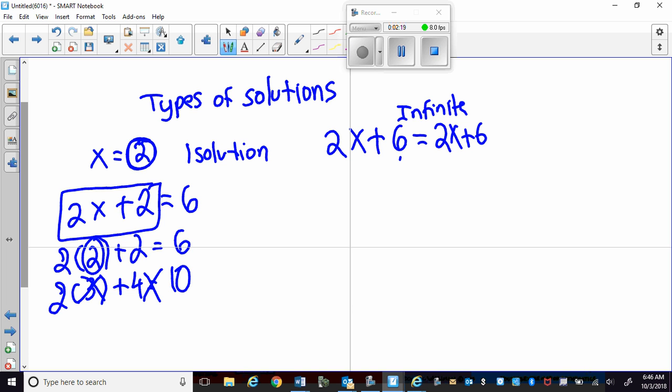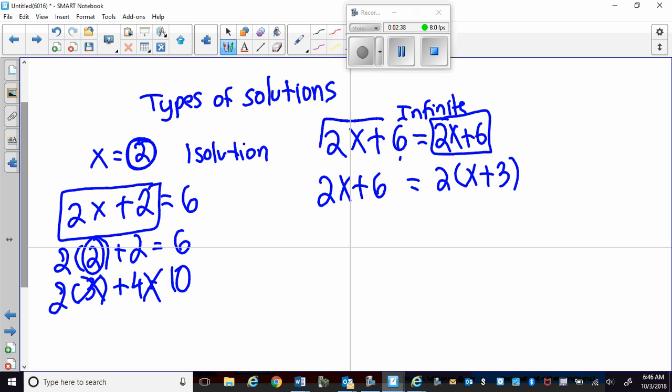So how would I get there? Where would I start? You'd probably start with a situation like this: you have 2x plus 6 on one side equals 2 times the quantity of x plus 3. When you're solving for this, you end up with this on both sides, and it creates a situation where you can plug any number in.